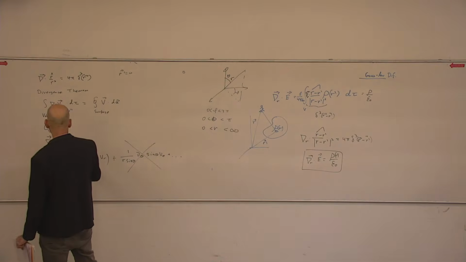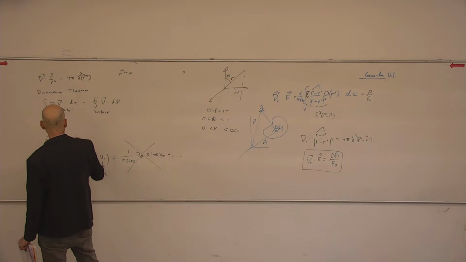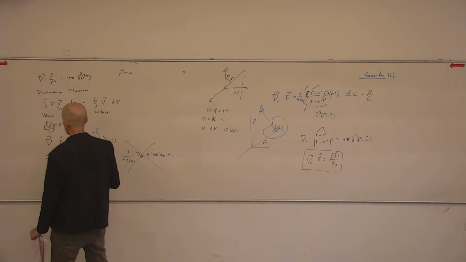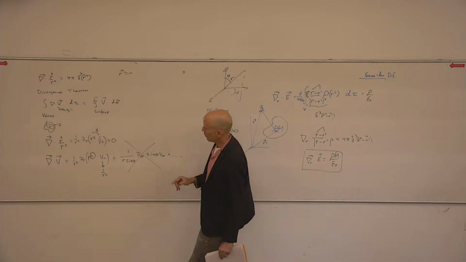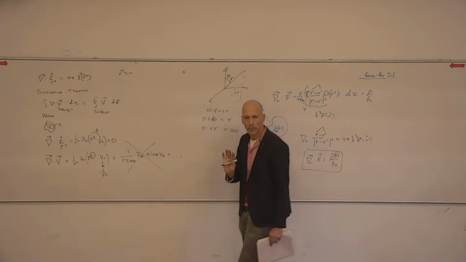But for this particular problem, v of r is simply 1 over r squared, so we have 1 over r squared, d over dr, r squared times 1 over r squared. This is 1, its derivative is 0. When you have r equals 0, then it's 0 divided by 0, so you should be more careful.